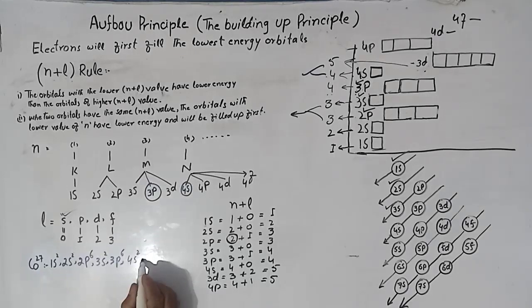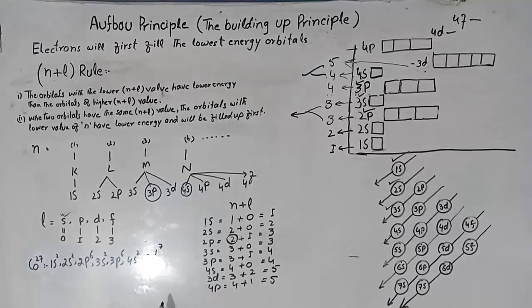So the remaining electrons will go to 3d, that are 7.